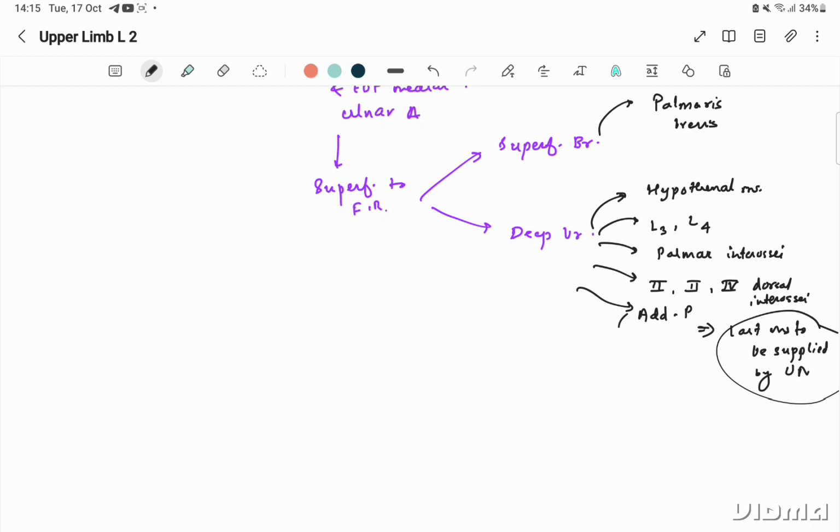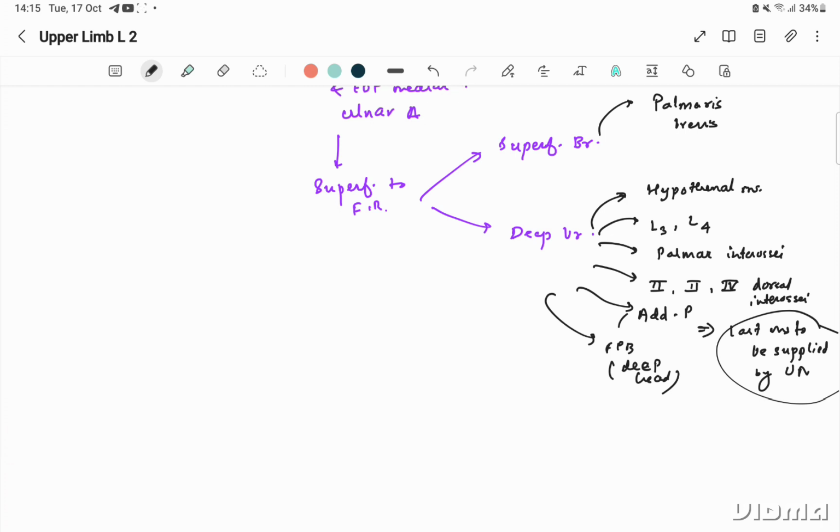It is supplied by the ulnar nerve. Okay. It also gives a branch to your flexor pollicis brevis deep head. I said sometimes the ulnar nerve supplies the deep head of flexor pollicis brevis.